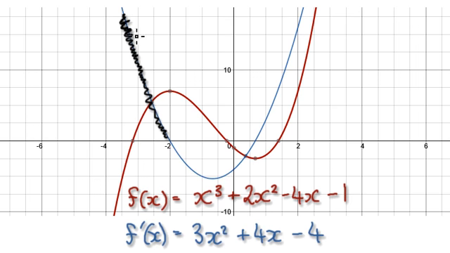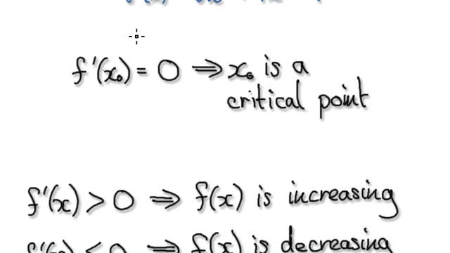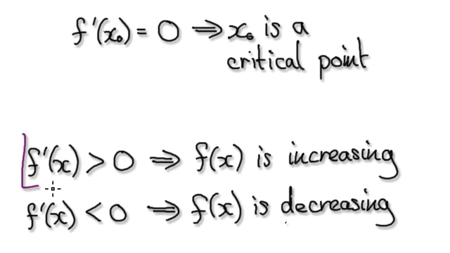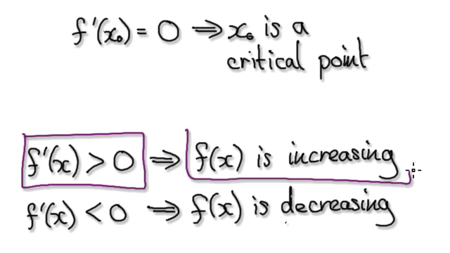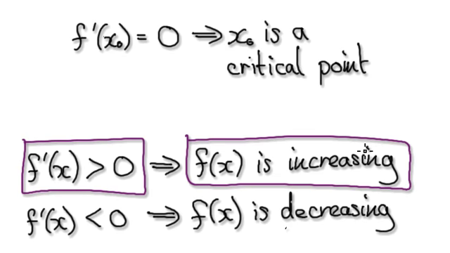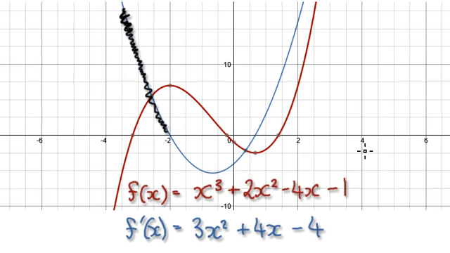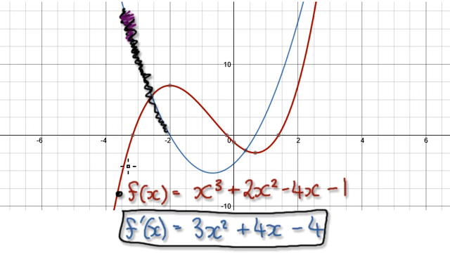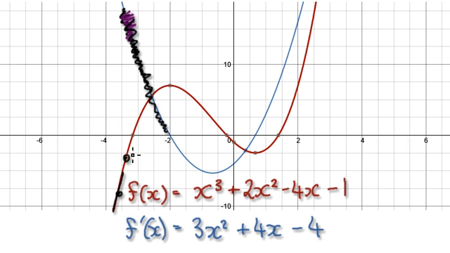Going back to this statement here, when f prime is greater than 0, f of x, the original function, will always be increasing. So when the derivative is positive, you can see that it is always climbing, because if you think about it, when the derivative is positive, it means that the gradient is always positive.